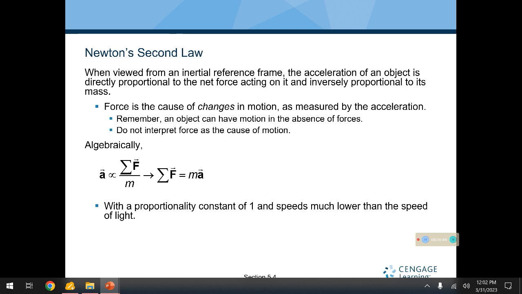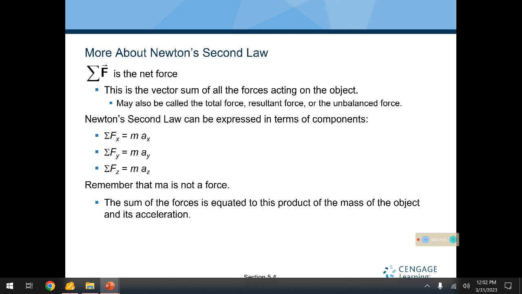The reason there's a 1-to-1 ratio, though, really comes down to this equation right here and the definition of the Newton itself. What is a Newton? A Newton is however much force, however much oomph it takes to cause 1 kilogram of mass to accelerate at 1 meter per second squared.